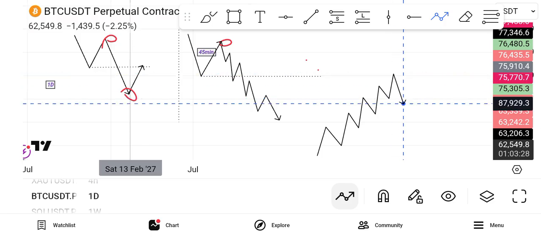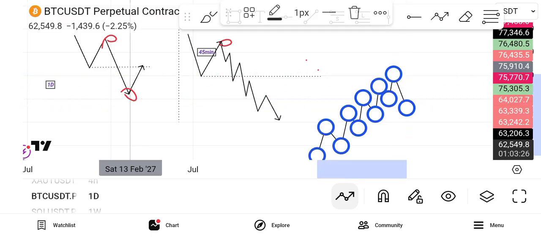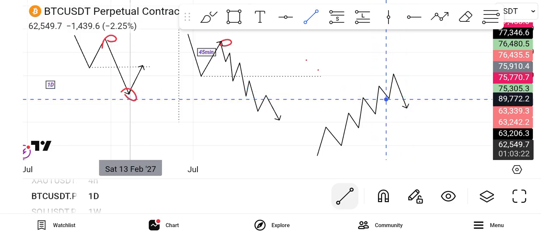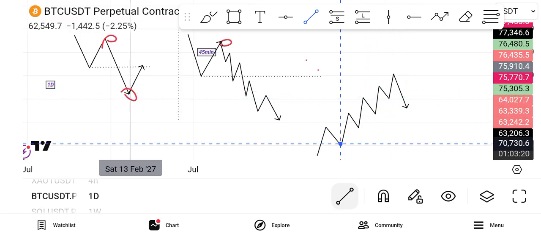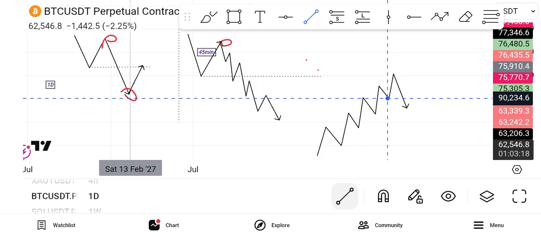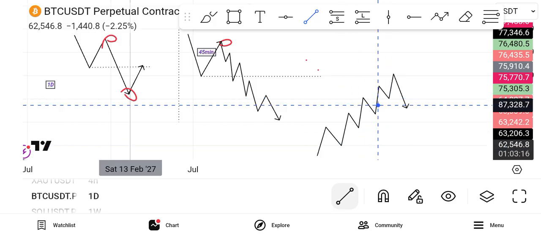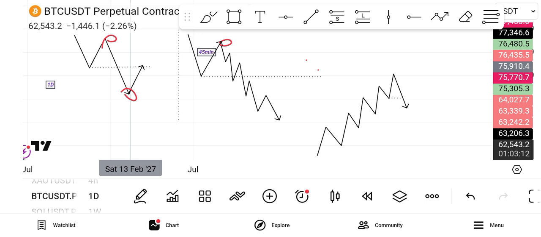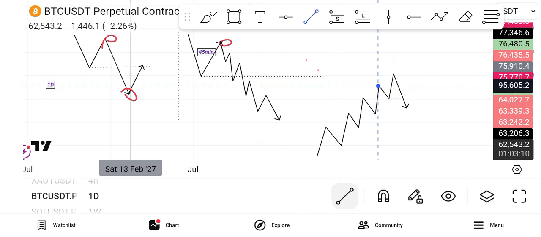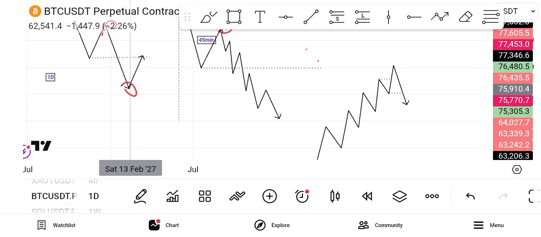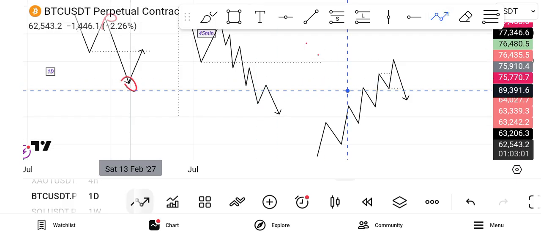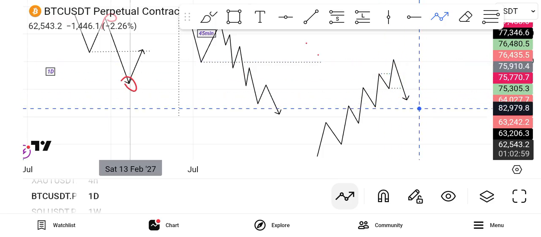Now, if we see a change in market structure, a change in market character, this is when it's telling us that this market is now going from a bullish look to a bearish outlook. Now, having the fact that this market is reacting from a POI on the higher time frame, mind you, you want to look out for this reversal concept on a POI on the higher time frame.